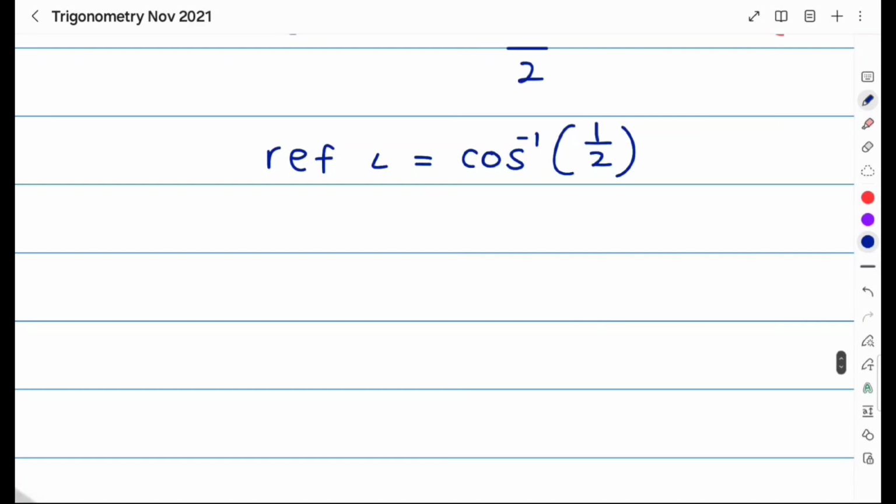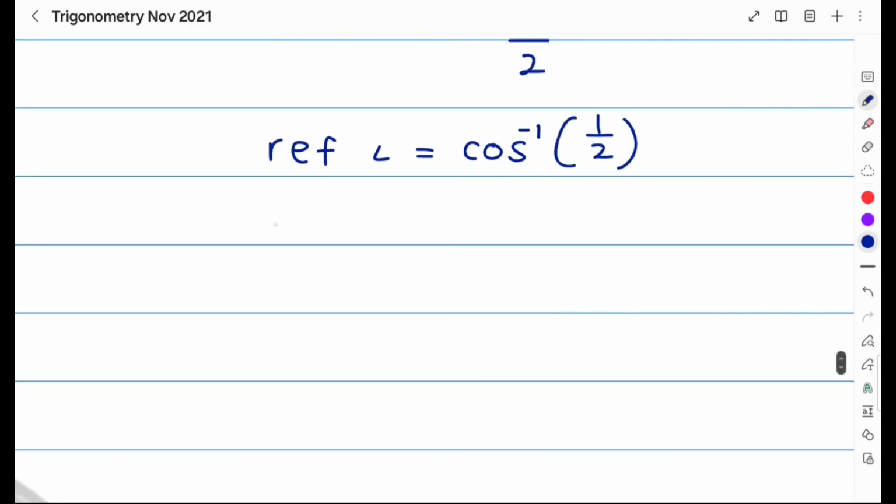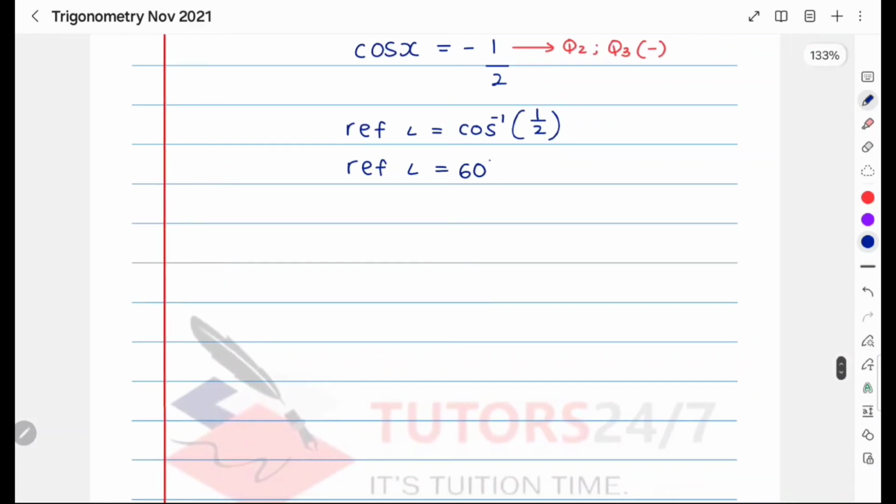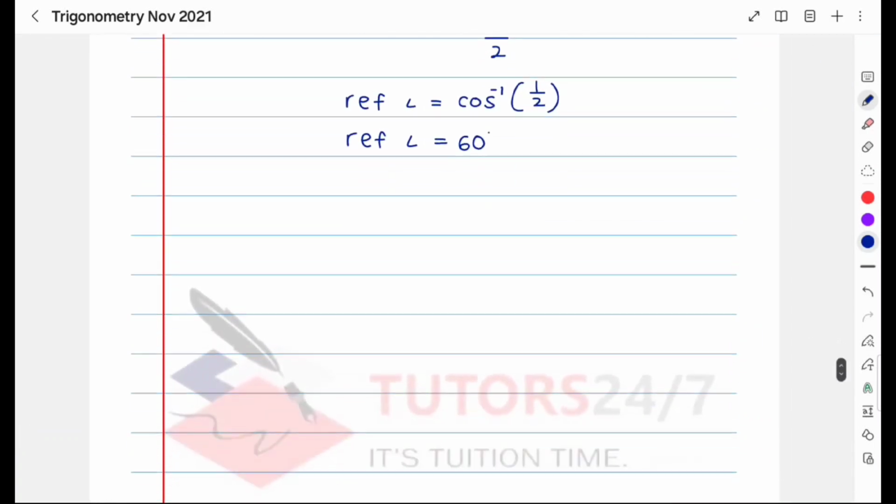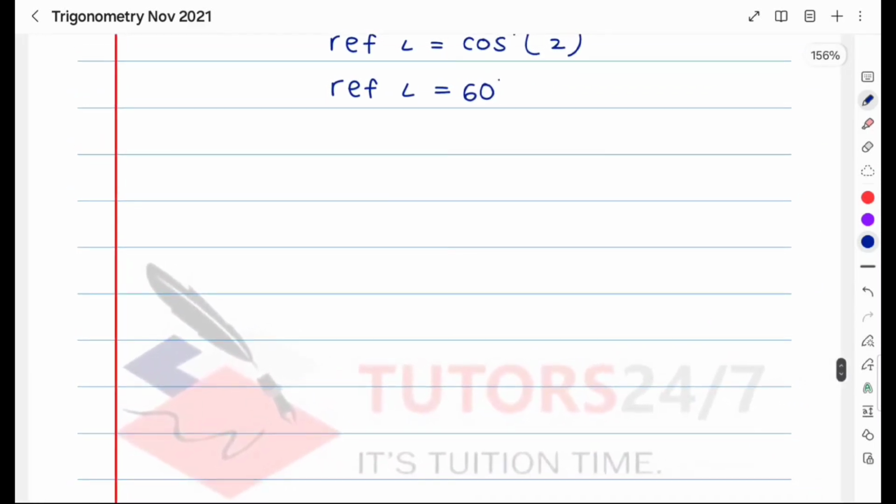Now, you can put this into your calculator, and you will then end up with a reference angle of 60 degrees. Now that we have the reference angle, we can find our solutions in quadrant 2 and 3.